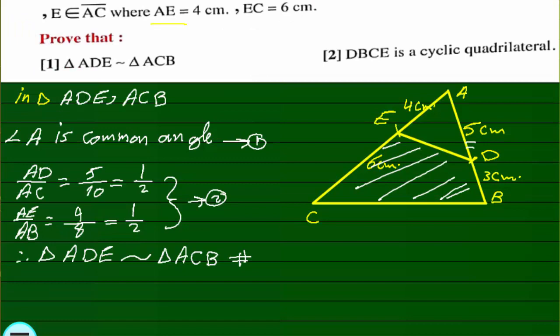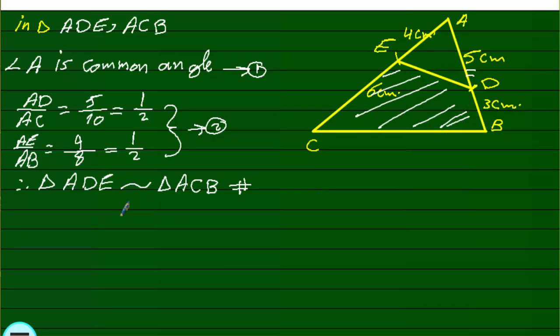So we have from similarity that measure of angle ADE, this angle here, equals measure of angle C. Since it's from similarity, we deduce it from the similarity of the two triangles.